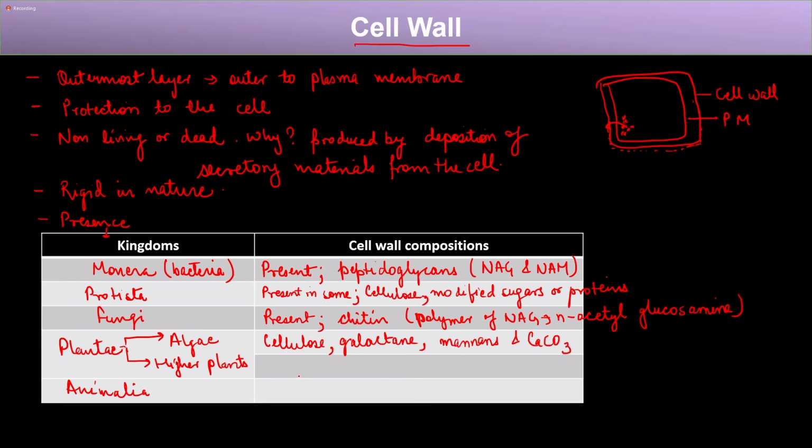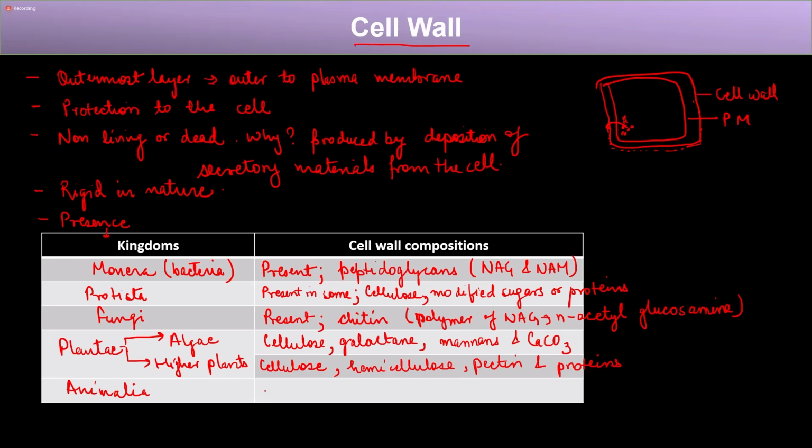While in the case of higher plants, it is majorly made up of cellulose. So cellulose is a major component. Apart from cellulose, it also comprises hemicellulose, pectin, and certain proteins. Okay, so these are the components of the cell wall of higher plants.